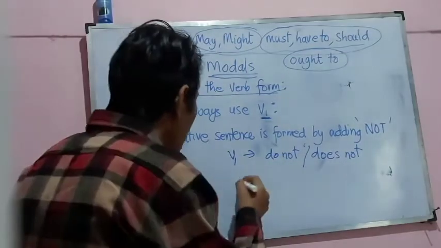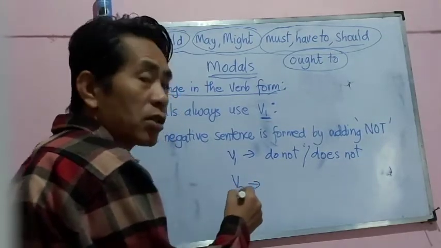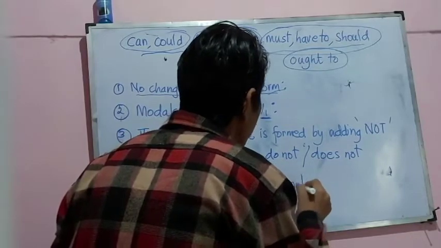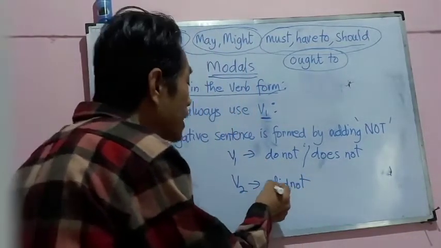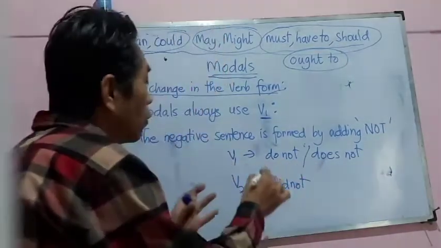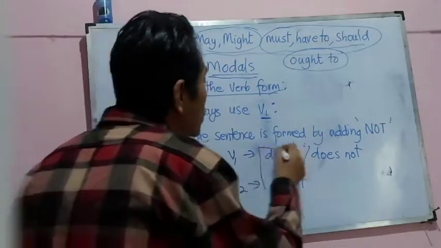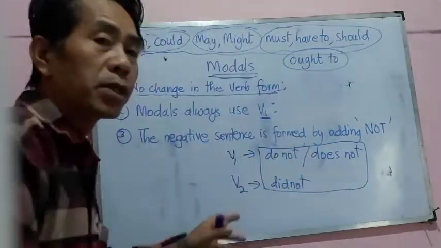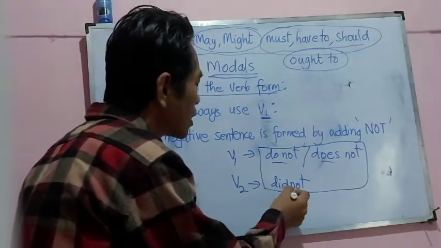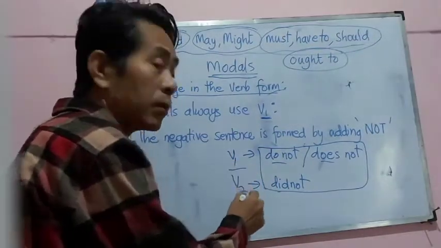Verb two: how do we change verb two into negative? We use did not. I ate momo, I did not eat. He ate momo, he did not eat. So when we change positive into negative, we have to use these words: do not or does not, did not for the past. That is the general one for verb one and verb two.